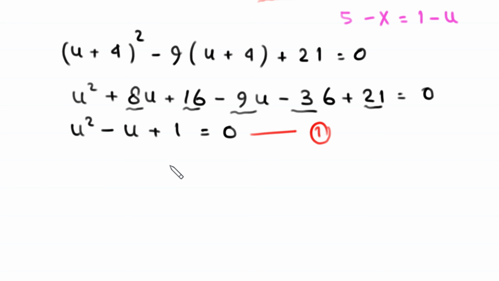Now from this equation, if we move this u squared to the right hand side, this implies that 1 minus u equal to negative u squared.